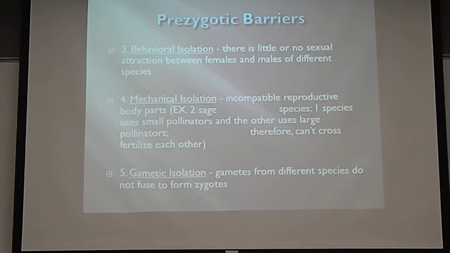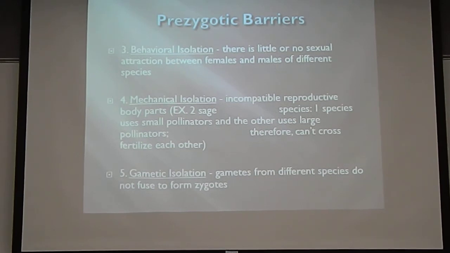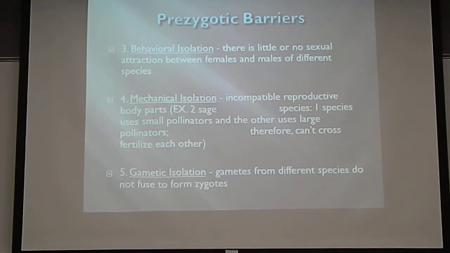Mechanical isolation is where the reproductive body parts of different species are not compatible. One example is sagebrush out west.